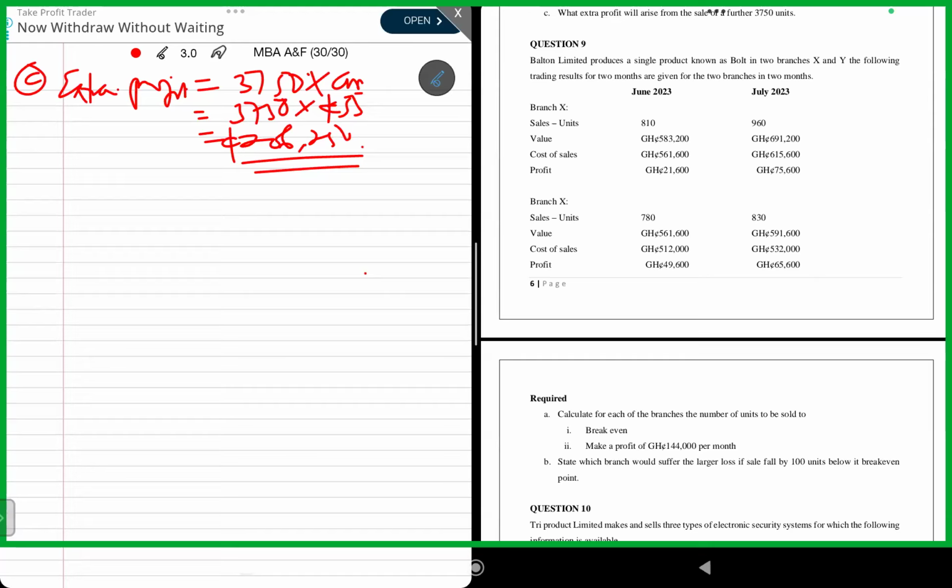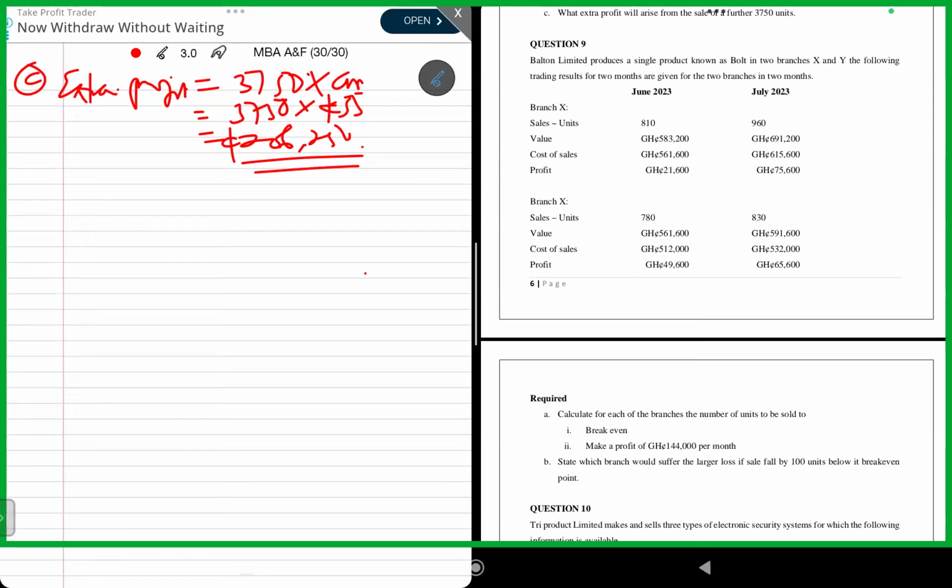Someone should read question 9 for us. It says we should calculate for each of the branches the number of units to be sold to break even and to make a profit of 144,000 per month. And B, state which branch would suffer the larger loss if sales fall by 100 units below its break-even point.